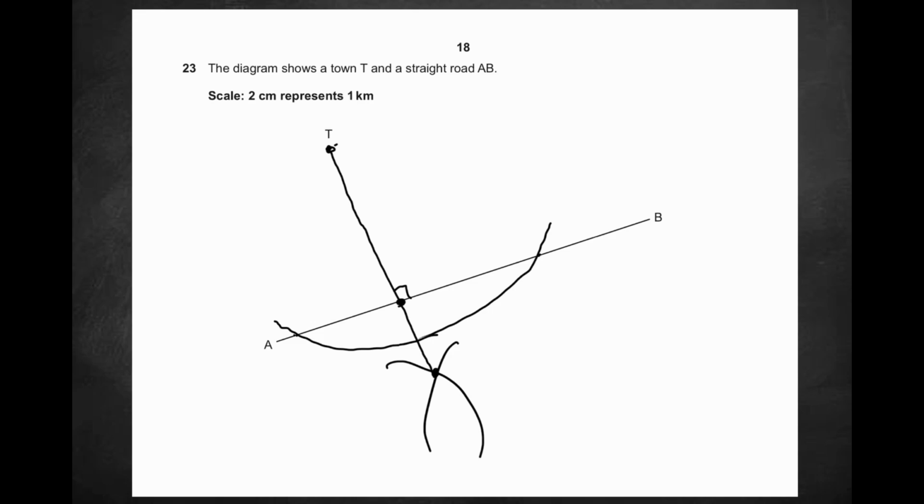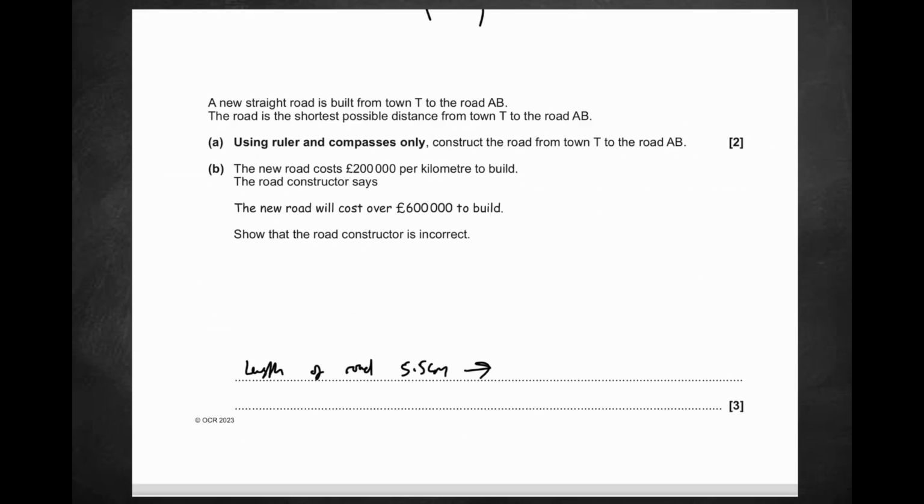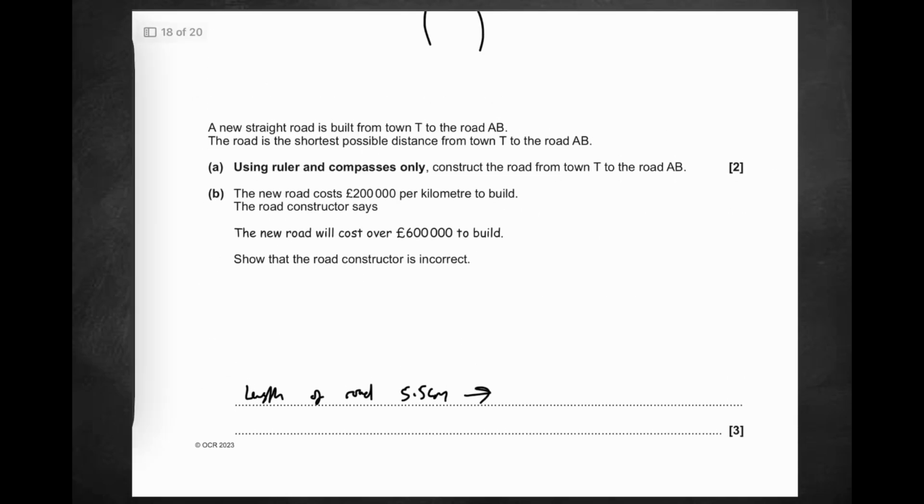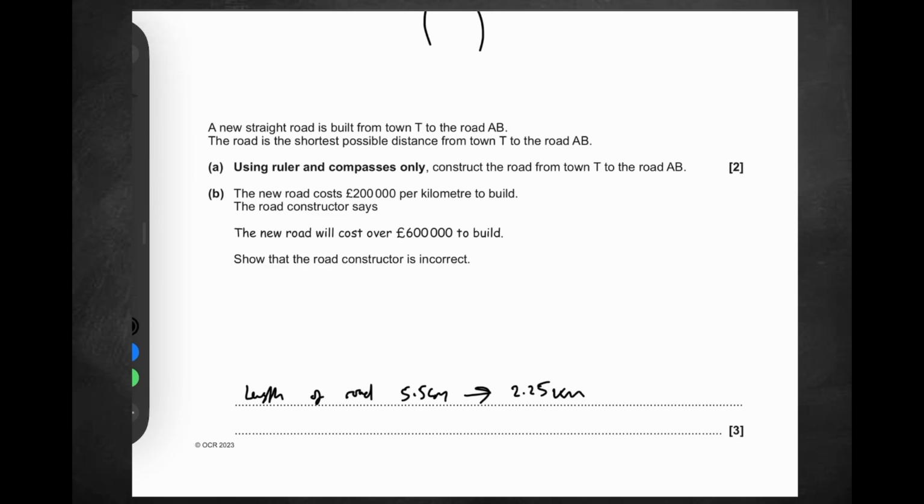2 centimetres represents 1 kilometre. So you would basically need to do 5.5 divided by 2, which is 2.25, and then change it from centimetres to kilometres. So we'll say 2.25 kilometres. Sorry, 2.75 kilometres. It'd be 4.5 otherwise. 2.75 kilometres.